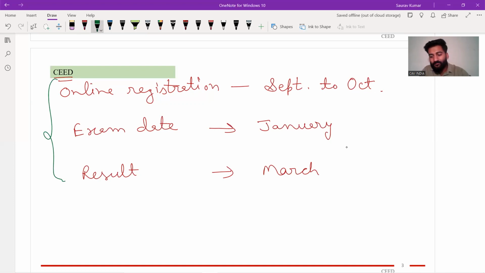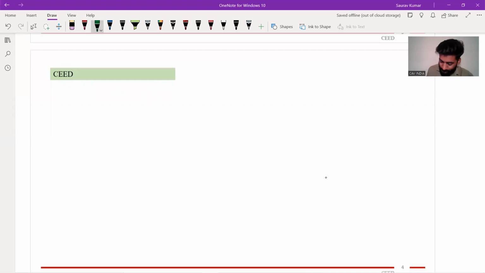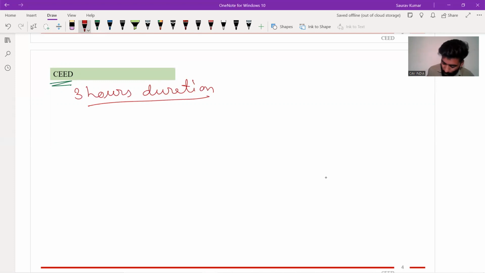After that, if we further get into the details of CEED exam, let's look at the exam pattern. This is a 3-hour duration exam in which there are two parts, part A and part B. And you need to attempt both of these.